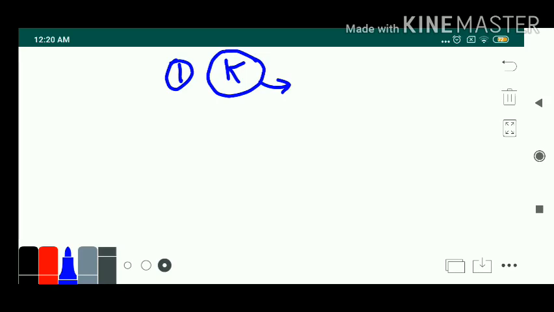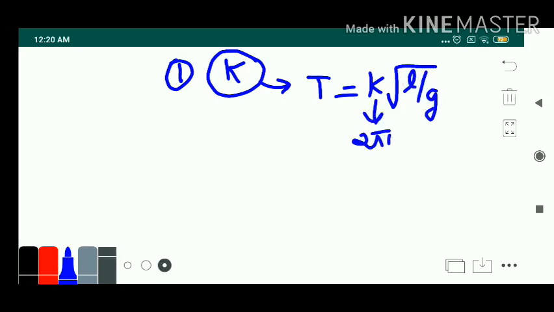So you cannot find dimensional constant's value, how much it is, right? We just found a time period equation, remember? Previously we found it as k into root of L by G, and I told you the actual k's value is 2 pi. But by dimensional analysis I can never find this value 2 pi. Right, so this is one of the major drawbacks of using dimensional analysis for finding an equation, that is we cannot find this dimensionless quantity k.